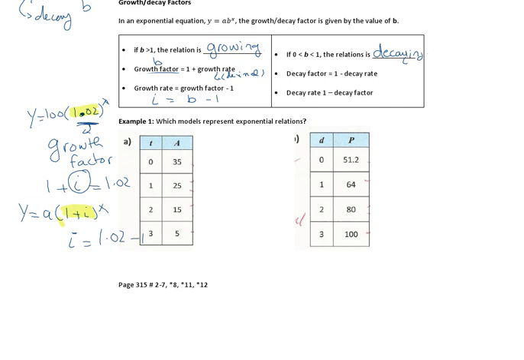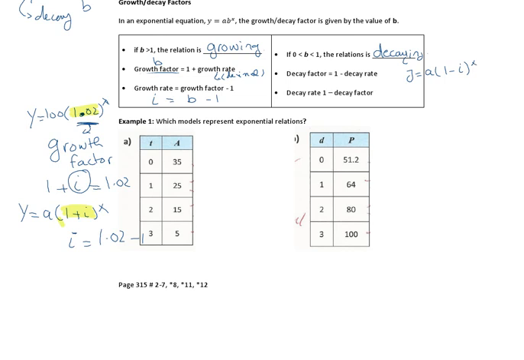So always remember that the factor is the 1 plus the I or the 1 minus the I. That's the factor, whatever you see in your formula. So we know that the decay factor is 1 minus the decay rate. Basically, y equals a times 1 minus I to the power of x.